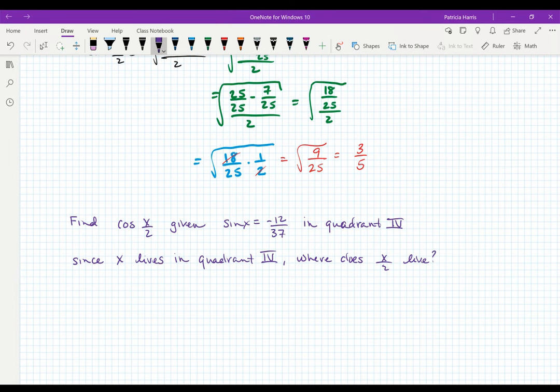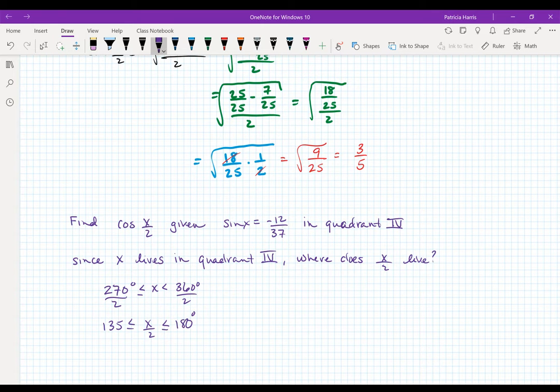Okay, so quadrant 4 is 270 degrees to 360, correct? Okay, so now if I divide everybody by 2, I get that.